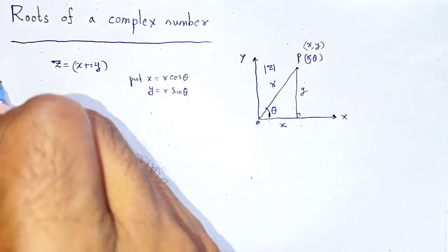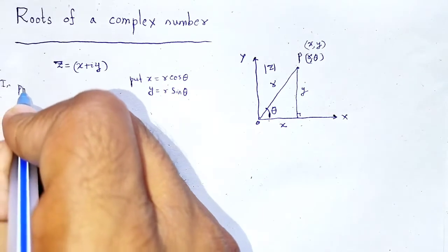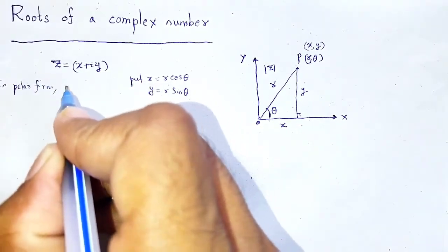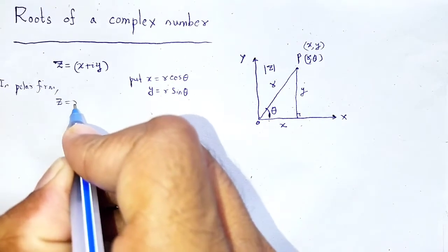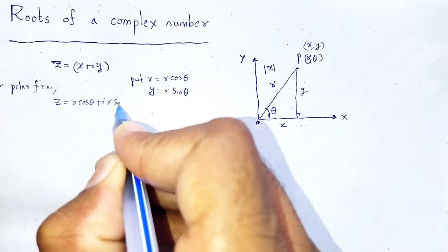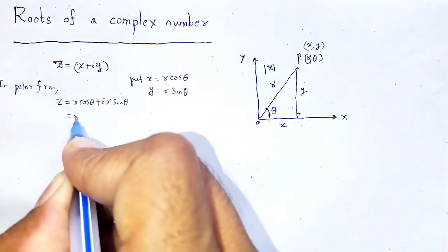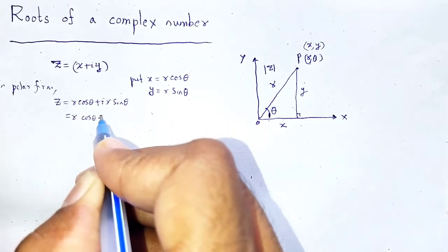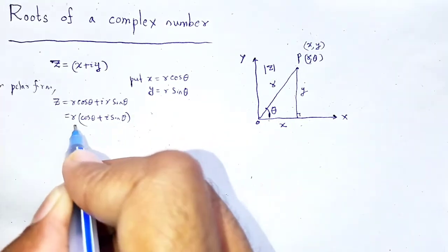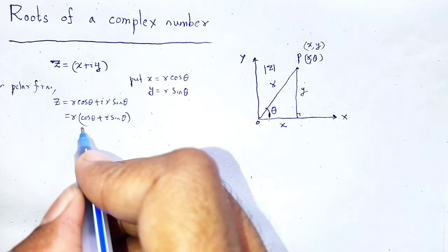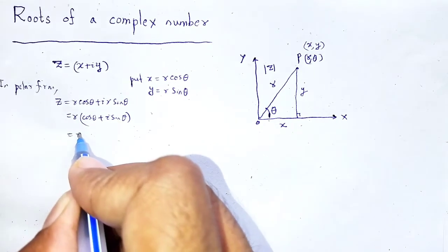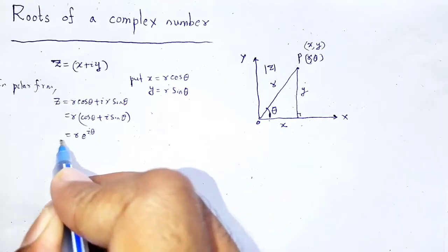Therefore, in polar form, we write it as z is equal to r cos theta plus i r sin theta. Taking r as common, cos theta plus i sin theta, which is equal to e to the power i theta.